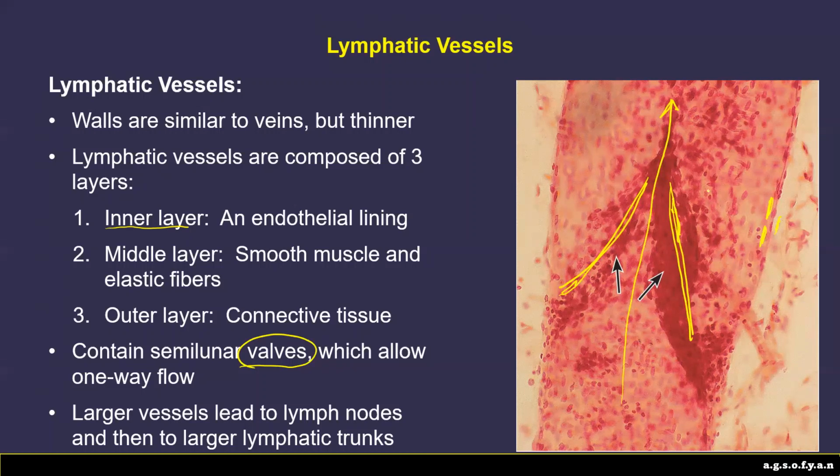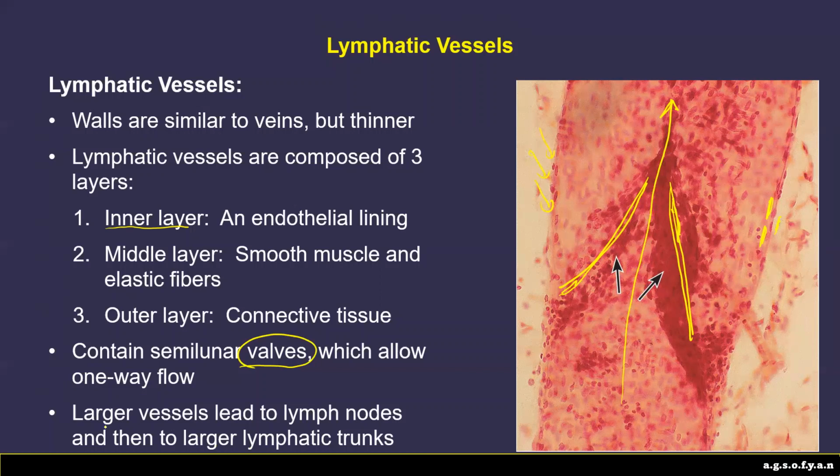That's the reason why there is a very low fluid flow inside this lymphatic vessel. So the flowing of this fluid is also helped by muscle contraction. When we perform exercise, there will be faster flowing of fluid inside the lymphatic vessel.